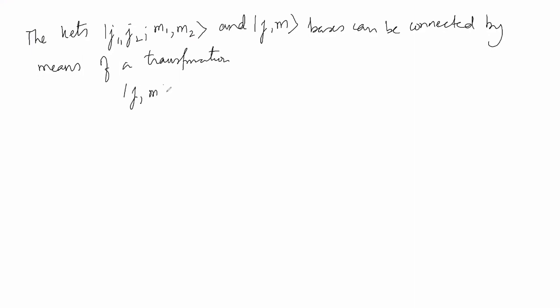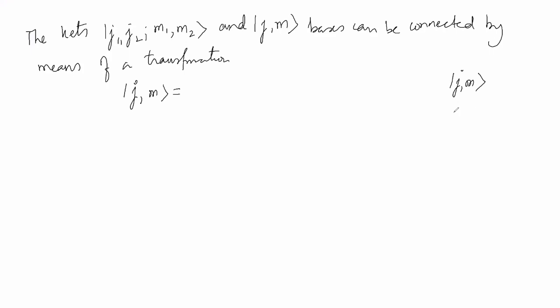See here, I am writing ket JM and telling you that ket JM exists here. Then you will say that I have done nothing, I have just written a ket JM here and a ket JM here.